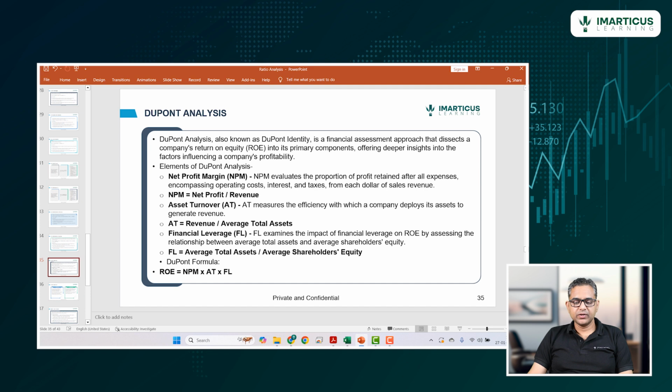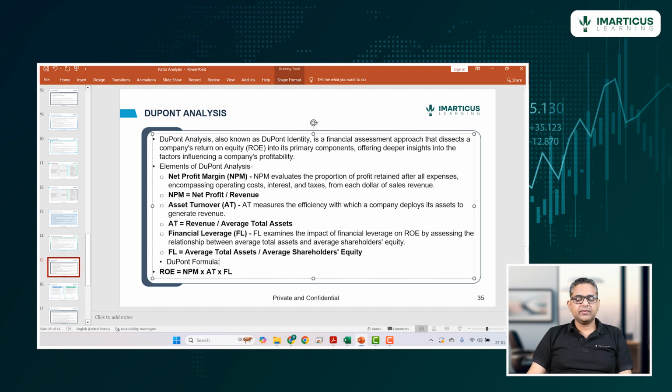If we look carefully, net profit upon revenue multiplied by revenue upon average total assets, multiplied by average total assets upon average shareholders' equity, effectively becomes net profit upon average shareholders' equity, which is nothing but return on equity, right? So net profit upon average shareholders' equity can also be calculated through multiplication of these three ratios.